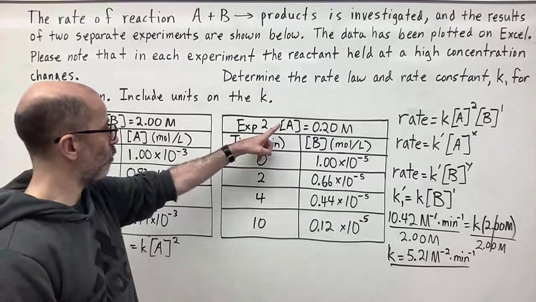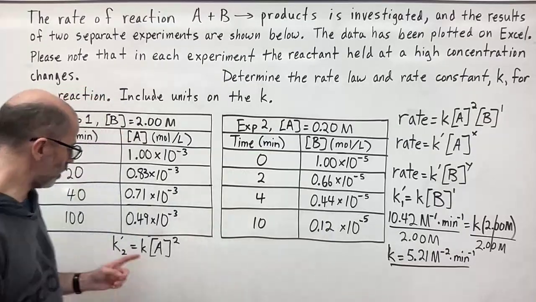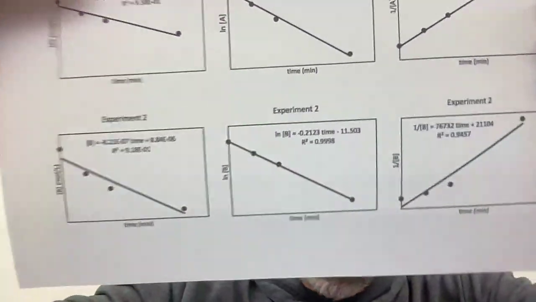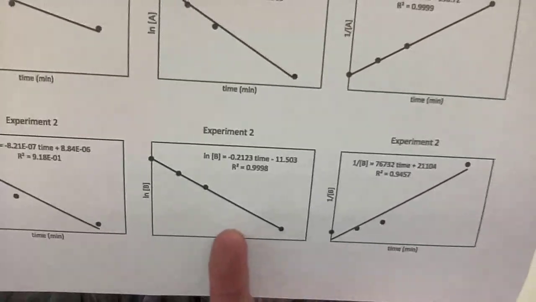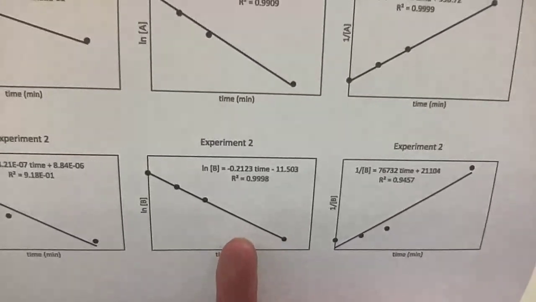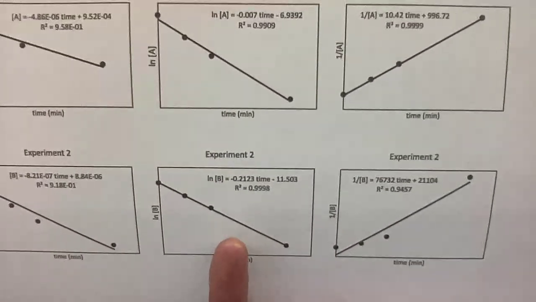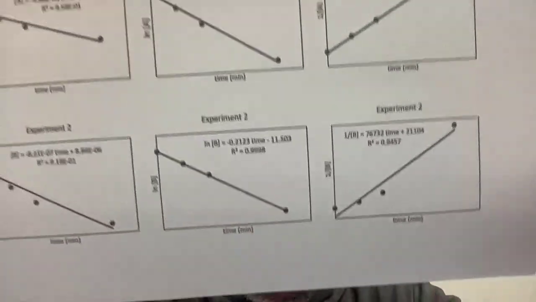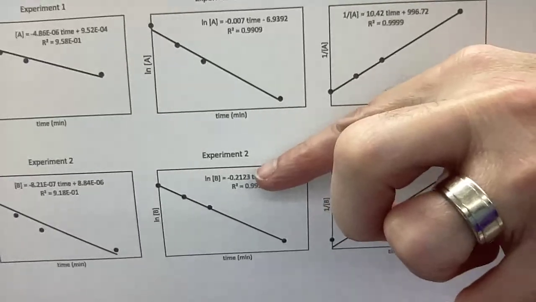And again, we have to go to experiment 2 to see what the pseudo rate law constant is. And so let's go to that one again. So you'll see again, right up here, we have the second experiment. The rate law was first order with respect to concentration of B. And so here we have the slope of the line.